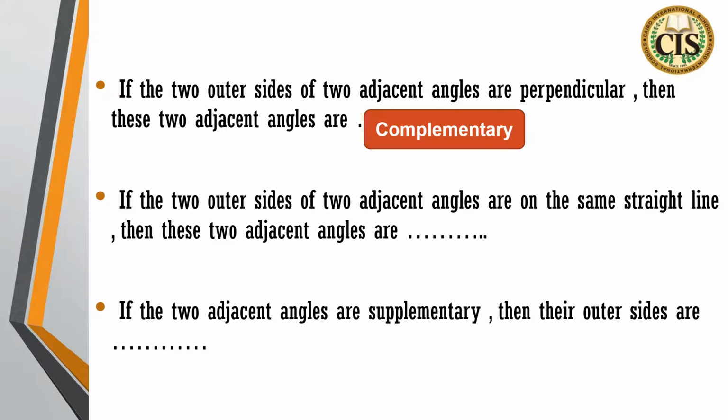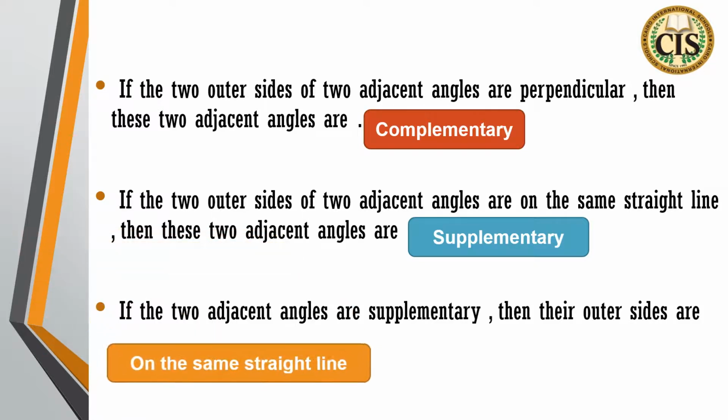If the two outer sides of two adjacent angles are on the same straight line, then these two adjacent angles are supplementary. If two adjacent angles are supplementary, then their outer sides are on the same straight line.